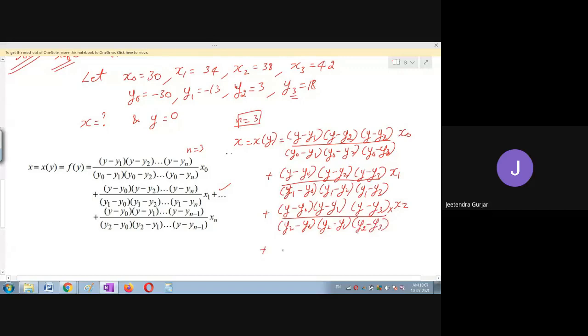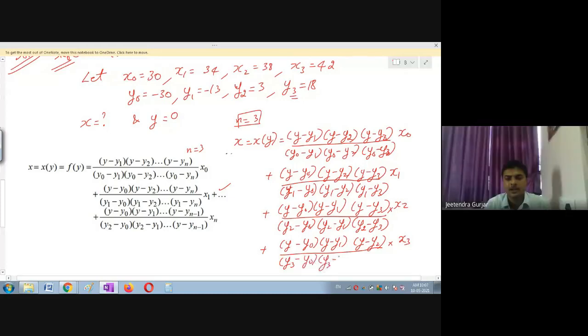Next term you are going to remember like this: y minus y naught, y minus y1, y minus y2. Now I cannot write y minus y3 because I am writing here x3. So divided by, here also now x3 is there, I will take y3 every time and subtract y naught, y3 minus y1, and y3 minus y2.